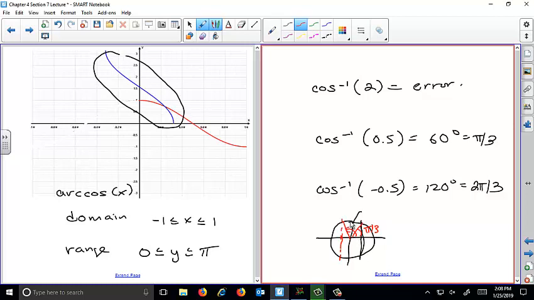So that's 2 pi over 3. Again, there's a third quadrant solution, but it's not in my range, so I can't get it. So you get a number between 0 and pi, or 0 and 180 degrees for the cosine. And how do you use that information to find all the solutions anywhere in the unit circle? Well, that's a chapter 5 thing to do.